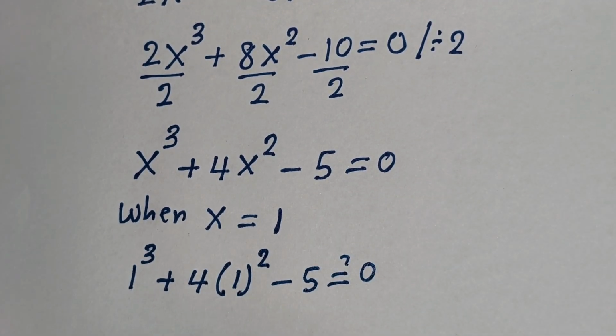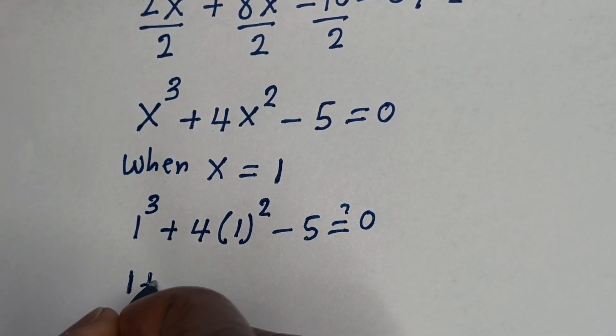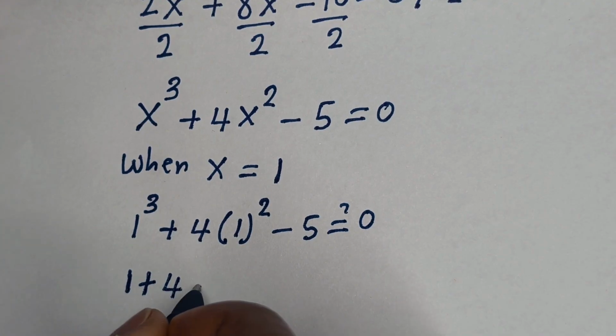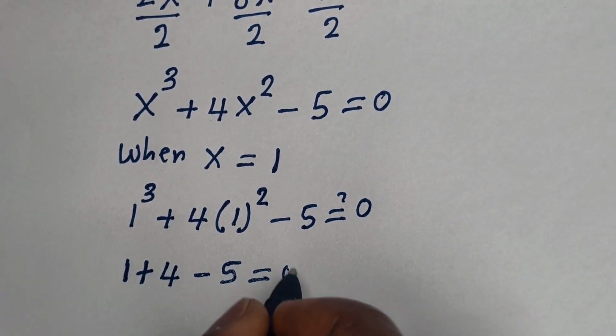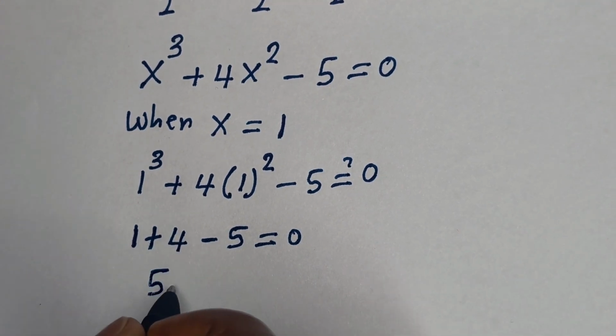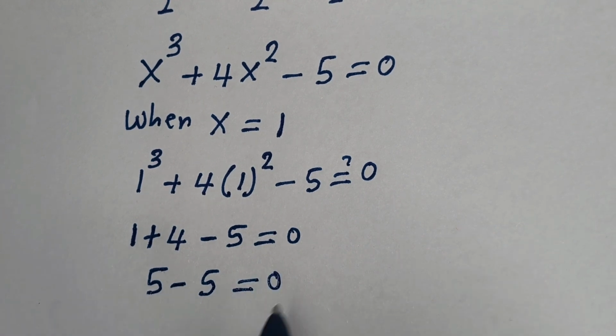Let's see. 1 raised to power 3 is 1, plus 1 squared is 1, times 4 is 4, minus 5. Is it equal to 0? Now 1 plus 4 is 5, minus 5 equal to 0.